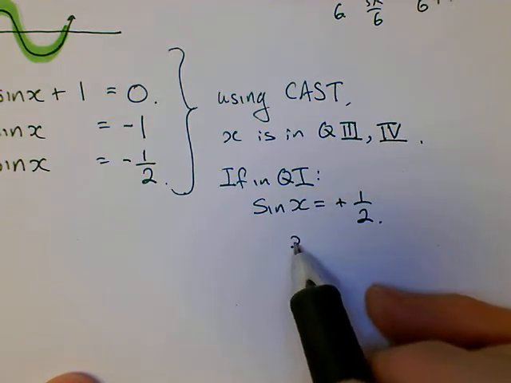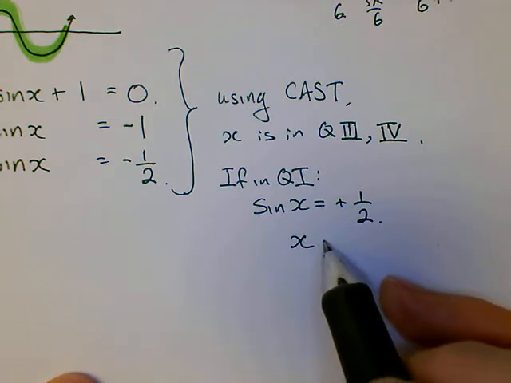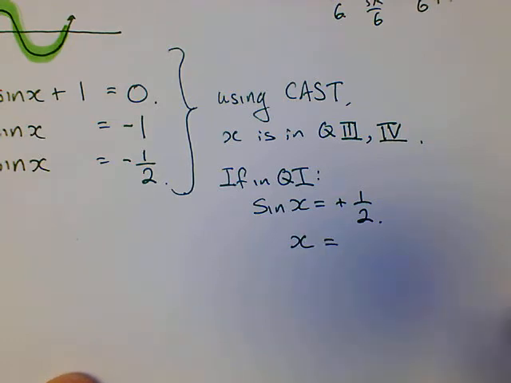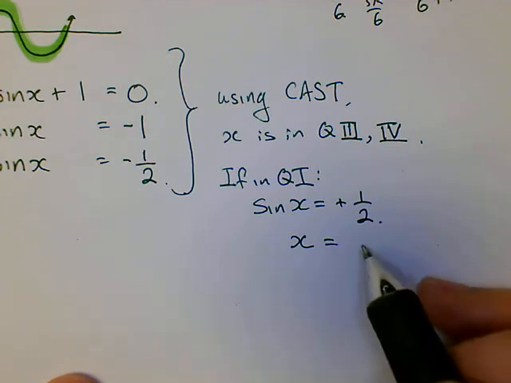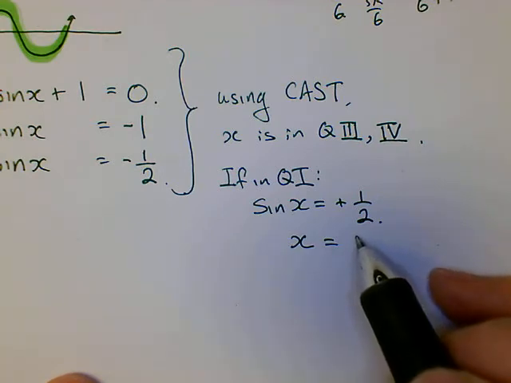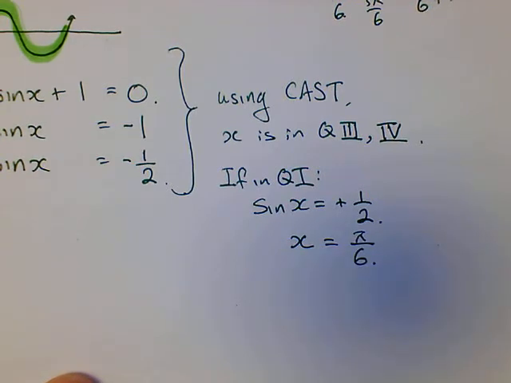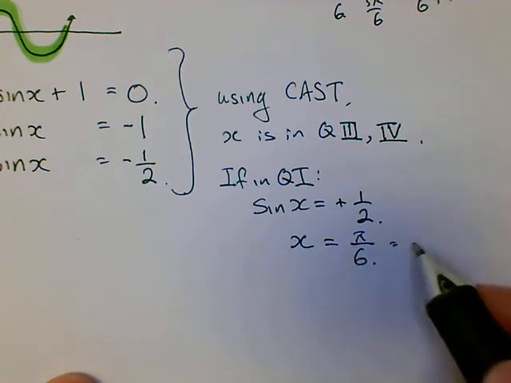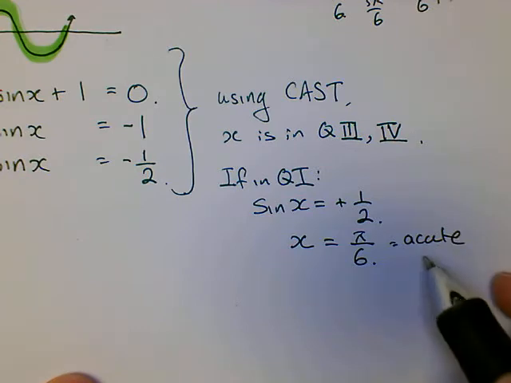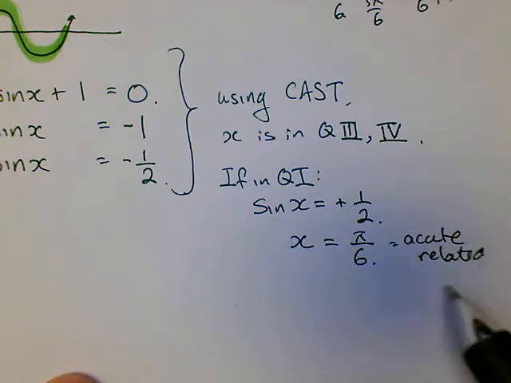That means my x would have been pi over 6. Okay, so this is going to be my acute related angle in quadrant 1.